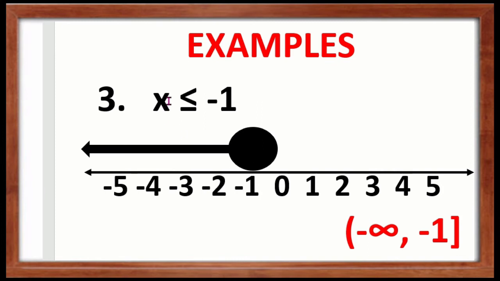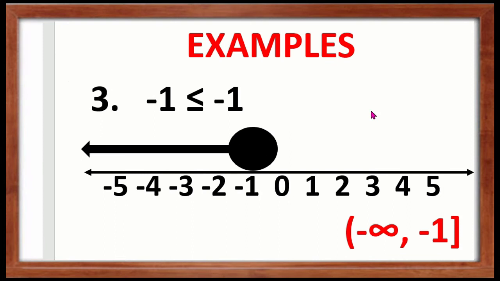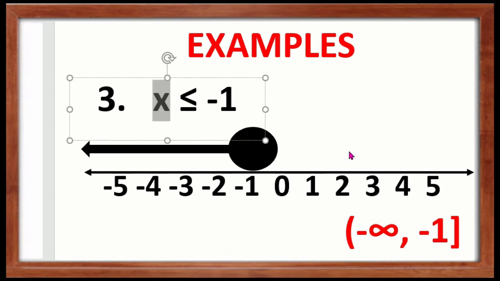Let's say, for example, x is negative 1. This is true that negative 1 is less than or equal to negative 1. Therefore, the interval is half open, negative infinity up to negative 1.